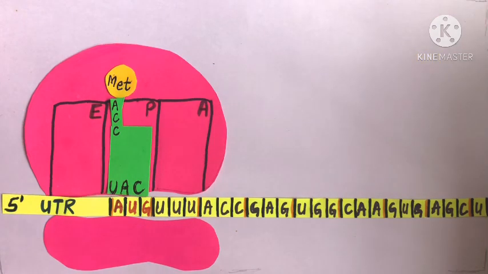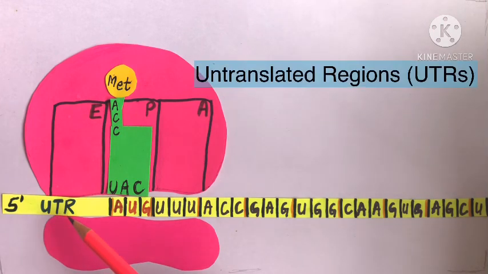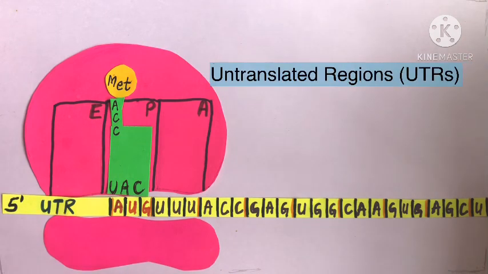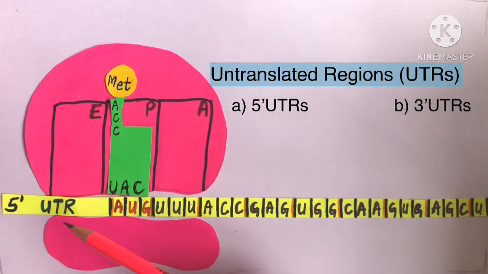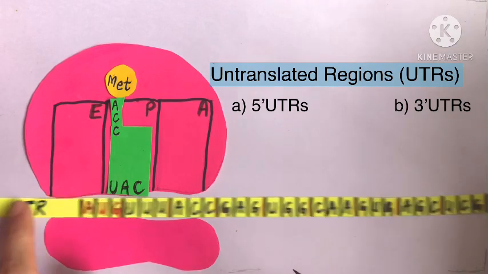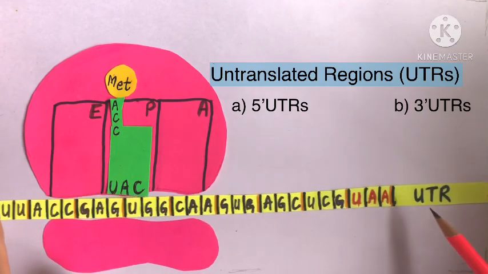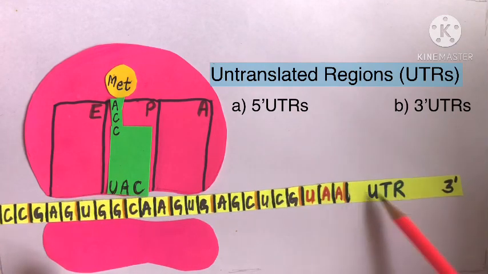Before moving to the next step, I want you to understand the sequences in the mRNA which are referred to as UTR sequences. UTR stands for Untranslated Regions. So we have UTR sequences at the 5' end of the mRNA as well as over here at the 3' end of an mRNA.